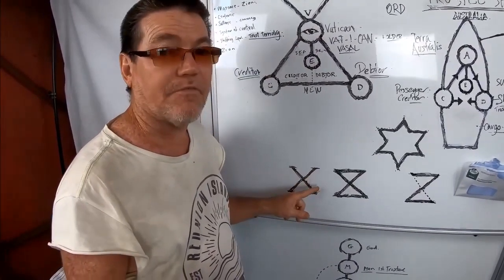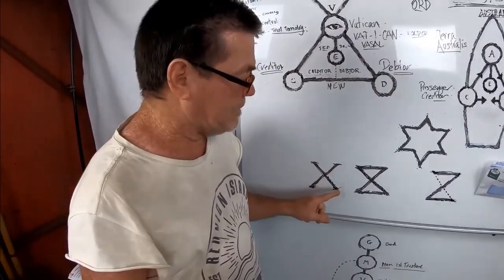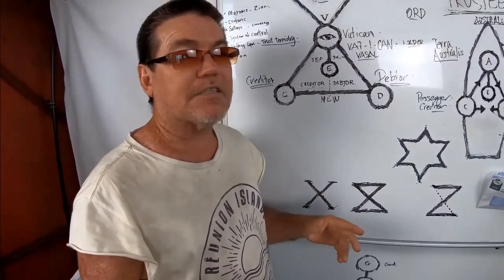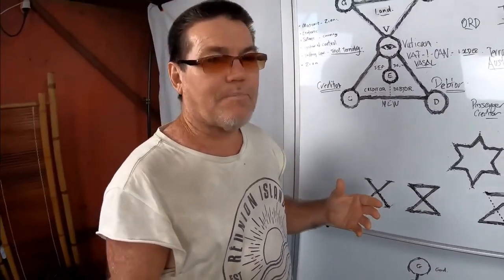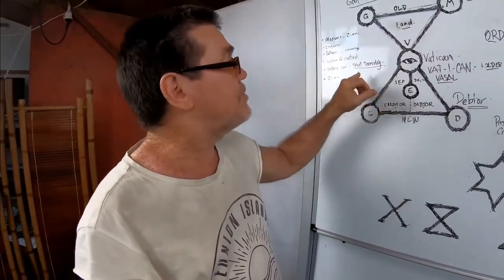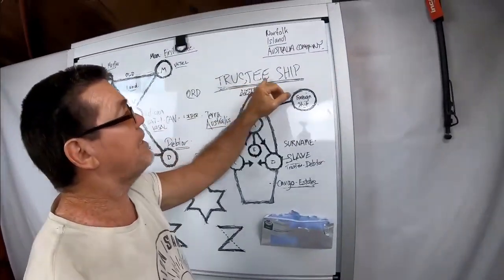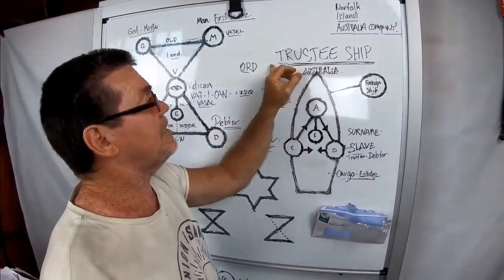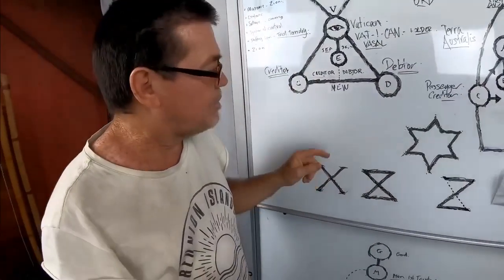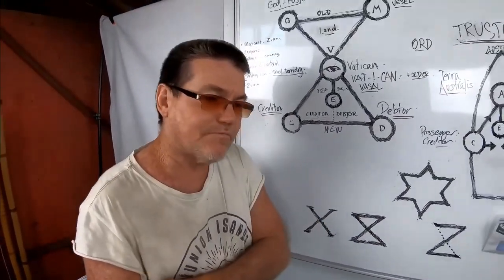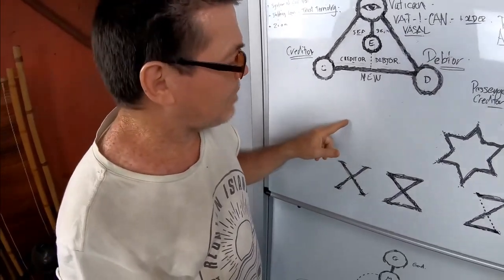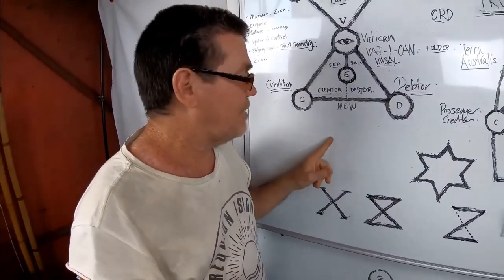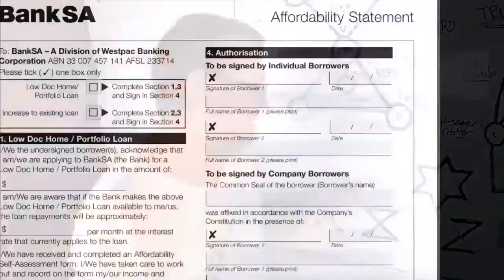And where this comes from, it stems from here. X is a symbol of death. And you'll see this is the spot that marks the point of death. So when a bank manager signs you up, he will draw up the contracts for you, and he will put a cross on them, and he will say, sign here.